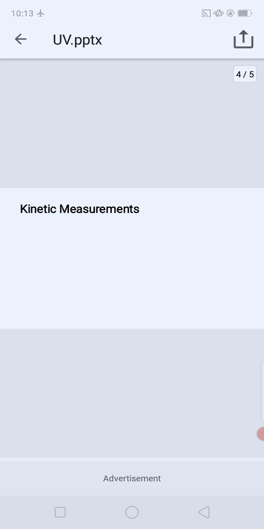The rate of reaction can be measured by following either the decrease in absorbance if the reactant is the absorbing species, or the increase in absorbance if the product is the absorbing species. Then the absorbance can be plotted against time either directly or after converting them into concentration units using the Beer-Lambert law.